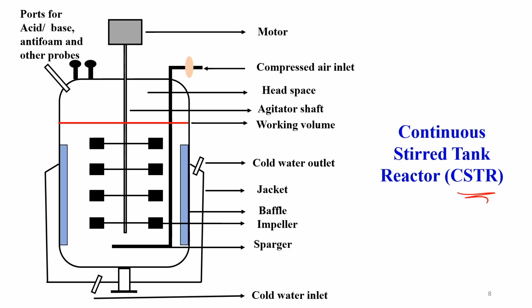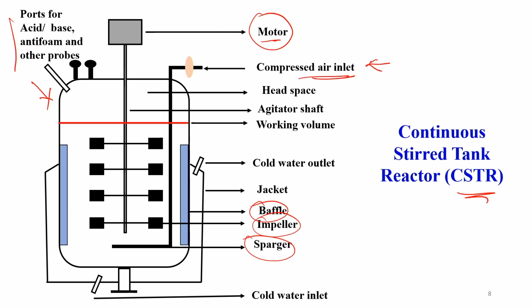In brief, we can see the mechanical components: the motor, impeller, sparger and baffle. And in addition we have the inlet and outlet provisions. This is a port if we want to add acid or base for pH adjustment, or anti-foam to control the foaming.